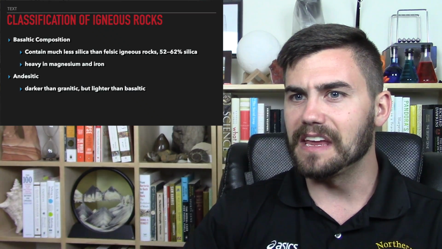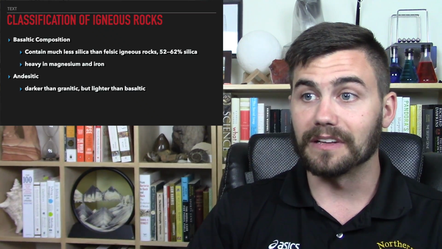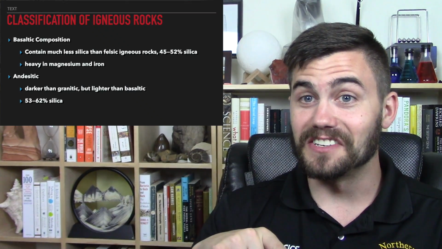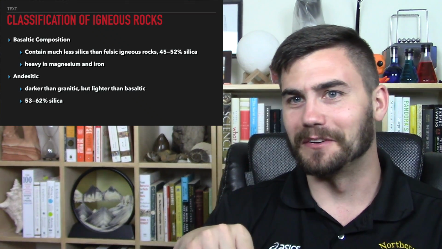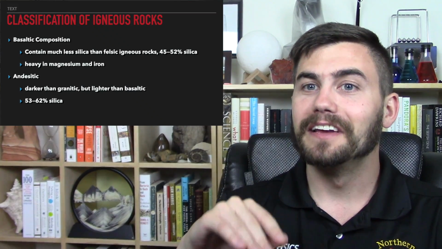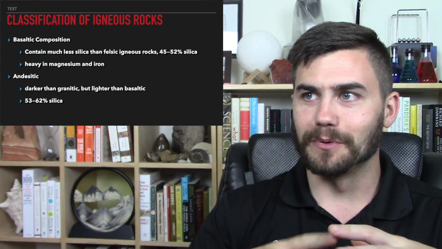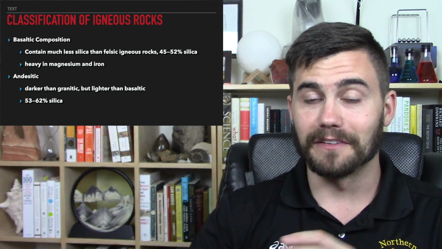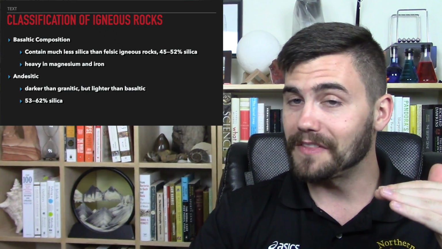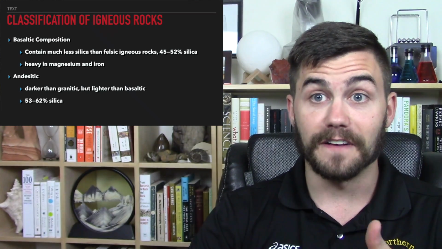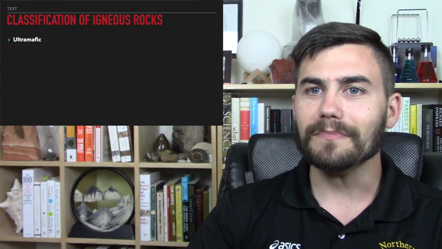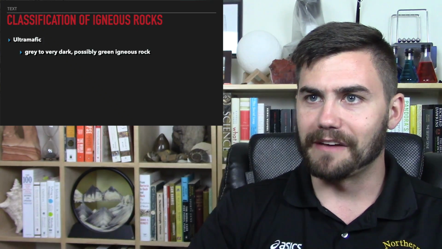These are darker than the granitic igneous rocks, but lighter than the basaltic typically. I realized I had my percentages backwards, but I just fixed them. So it's the basaltic rocks where the silica content is between 45 and 52%. The andesitic igneous rocks, their silica content is greater than basaltic, less than felsic. So my mistake. And then finally, there are the ultramafic igneous rocks.